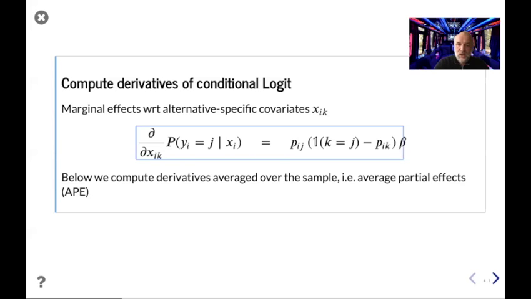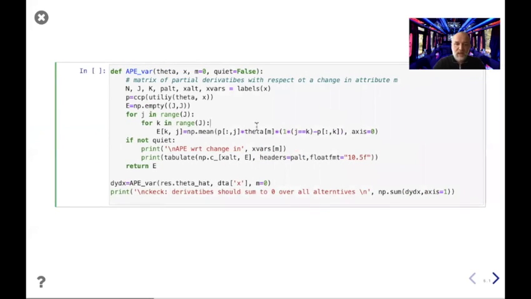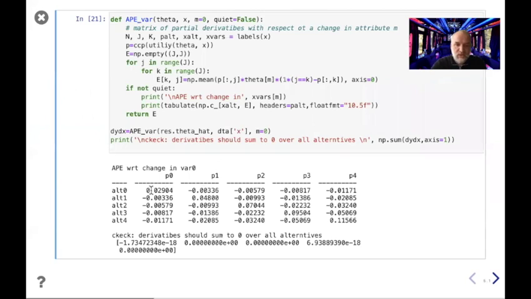Okay, and we're going to see that we can implement that and calculate the results. So here's the matrix of derivatives. You get a matrix of derivatives because we're changing the attributes of all the different alternatives. It could be the size of car 1, 2, 3, 4, 5.